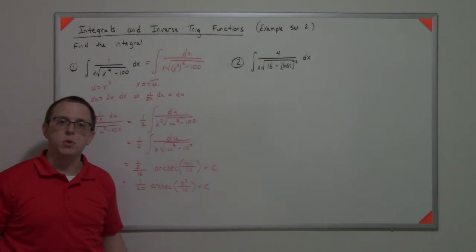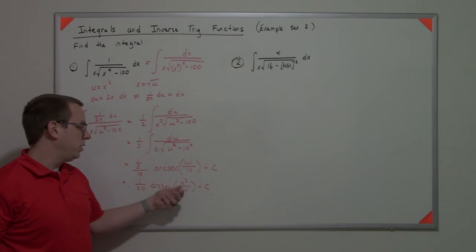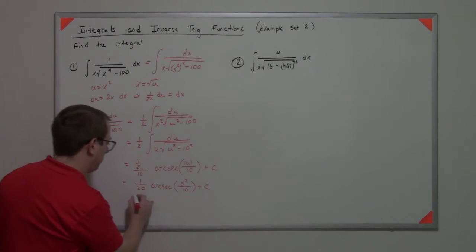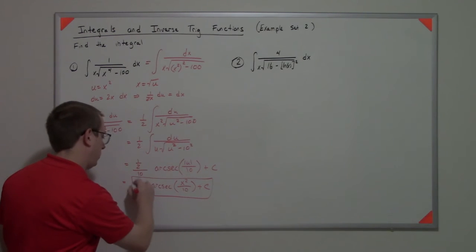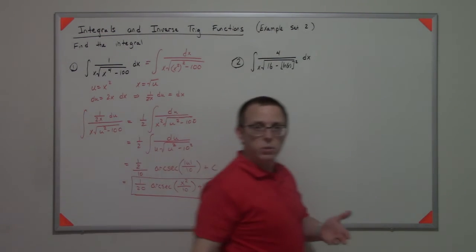And I can remove the absolute value because x squared is never going to be negative. Alright, that's how we solve that particular one.